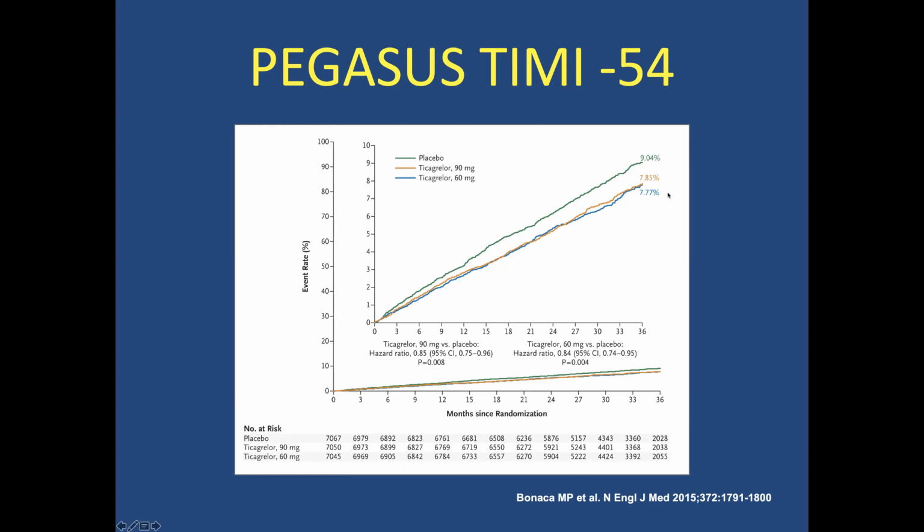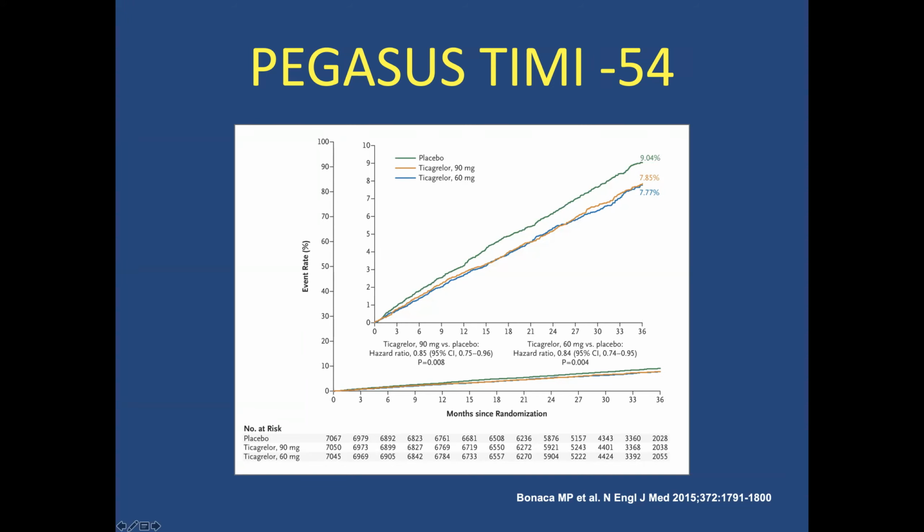The rate of vascular events was decreased with both the 90 milligram and the 60 milligram dose as compared to placebo, but the rate of bleeding was decreased with the 60 milligram dose, with a similar rate of events.